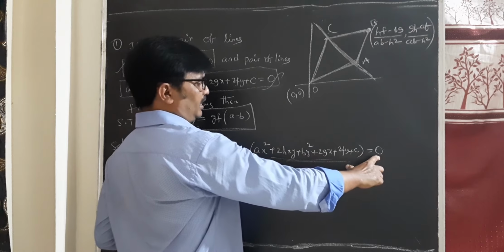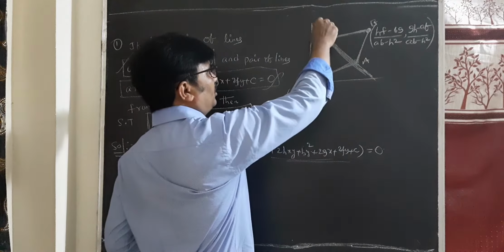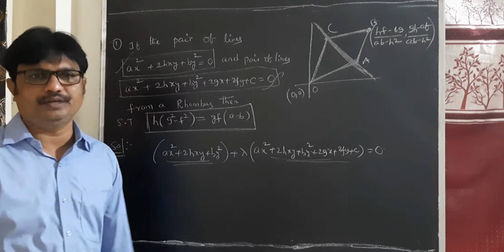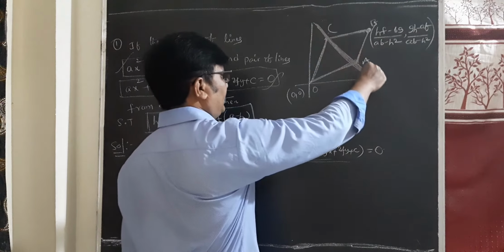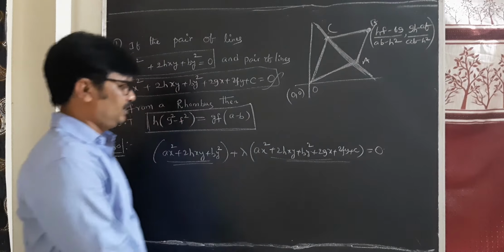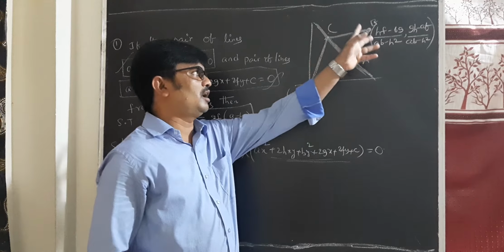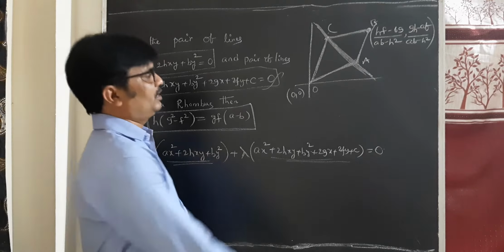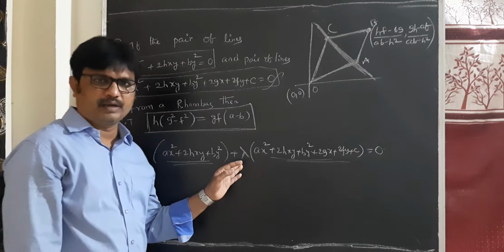Any member of this family passes through A and C. So the first pair and second pair intersect at A and C. When we take lambda here, the family of lines passes through the points of intersection of the two pairs. Lambda is the parameter.